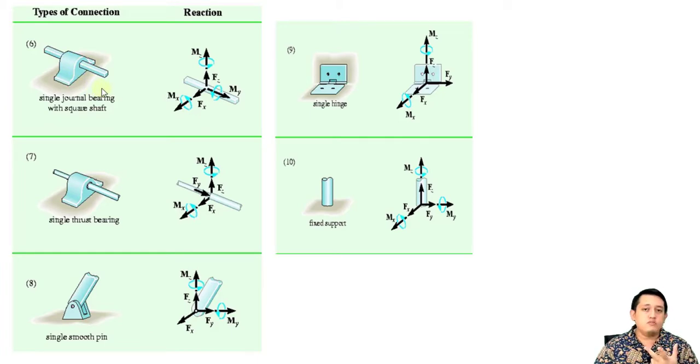If we cannot move, we will have a reaction force. Then ask whether we can rotate it in the X, Y, or Z direction. If we cannot rotate, we will have a reaction moment also. If we can, we don't have any reaction moment.